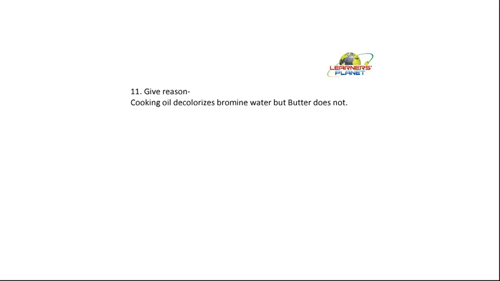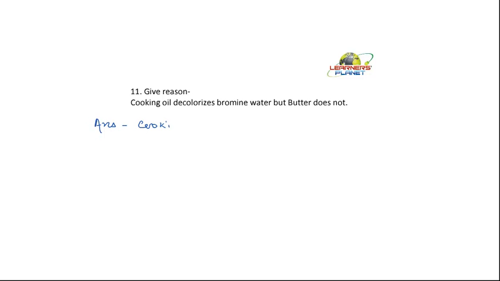Now let's take up this question. Cooking oil decolorizes bromine water but butter does not. Why is cooking oil decolorizing? Why is cooking oil liquid in state at room temperature? Why is it so?